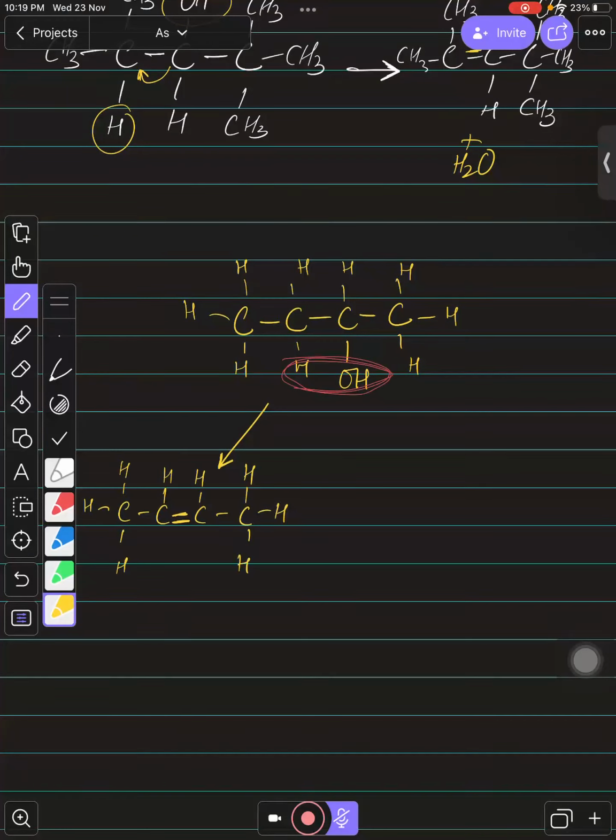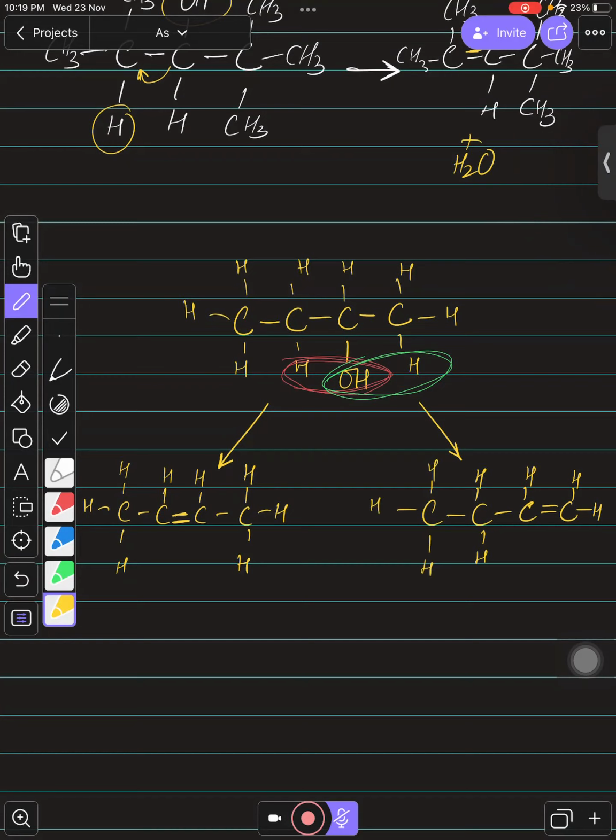Yes, sir. And one more possibility is this: maybe this H and OH will be removed, so it will be like this, that you will have a double bond on the first carbon, right? So this will be like this. What do you say, bacho? Is this right or not? Yes, sir.